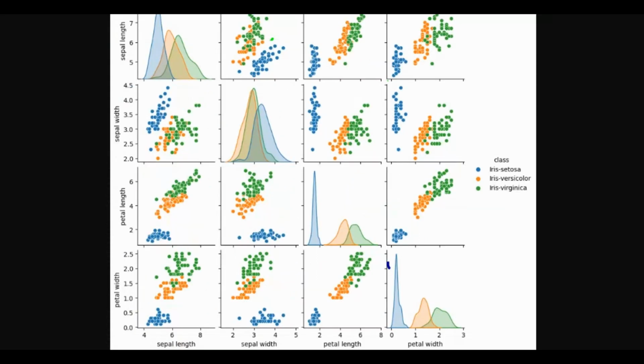If you have this kind of data where the data points are divided into groups, then you can use KNN, because KNN classifies the data point on the basis of Euclidean distance. Euclidean distance means the distance.